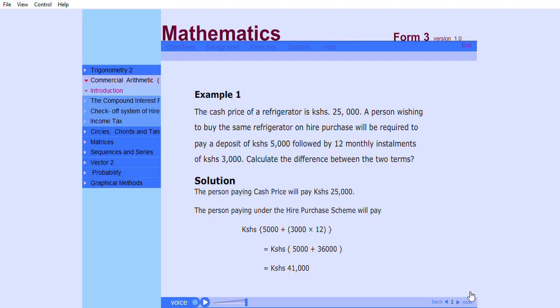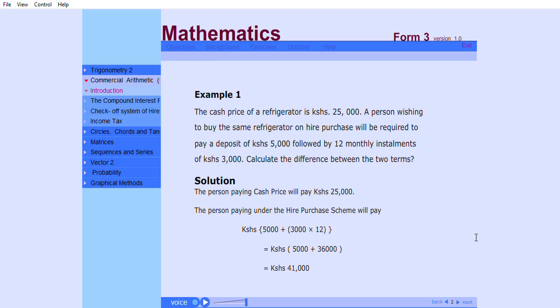Cash price of 25,000 Kenya shillings. Deposit 5,000 Kenya shillings and 12 monthly installments of 3,000 Kenya shillings, or deposit of 5,000 Kenya shillings plus 3,000 Kenya shillings times 12 months.